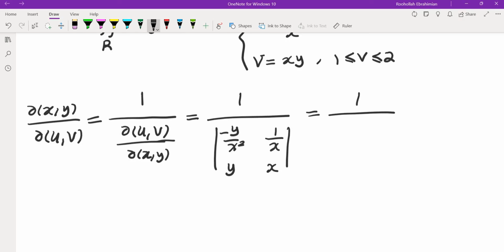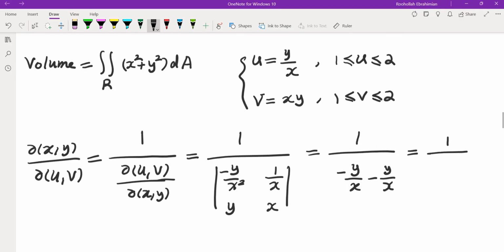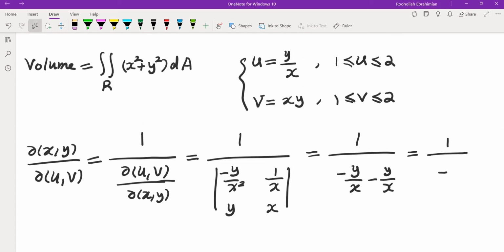So that would be 1 over minus y over x minus y over x. If we multiply out, we get y over x minus y over x. We'll have to write everything in terms of u and v. So that's 1 over minus. Now y over x is u, so we get 2u. So this is the Jacobian. And we will also have to take the absolute value of this one.